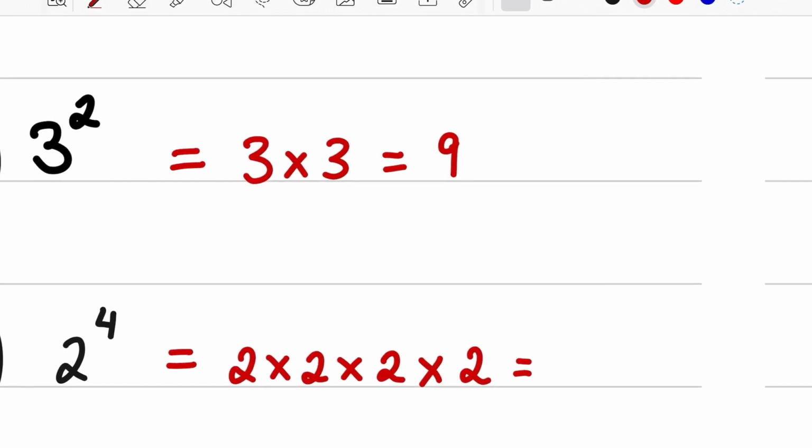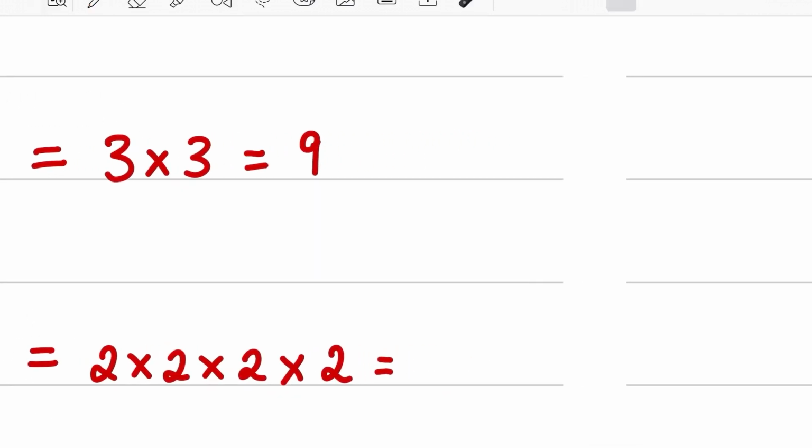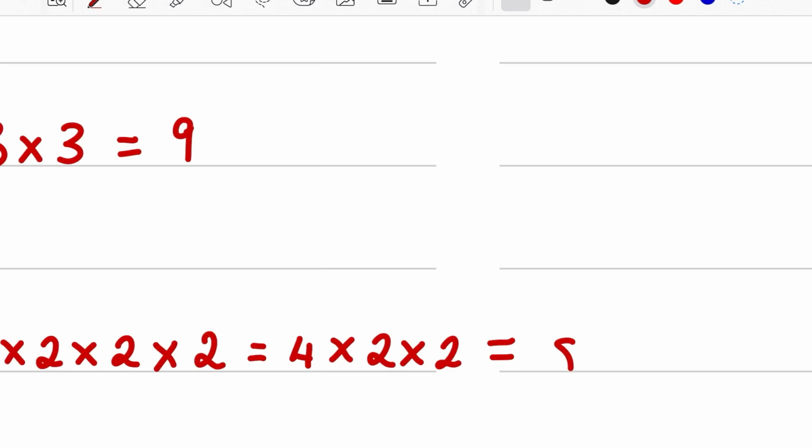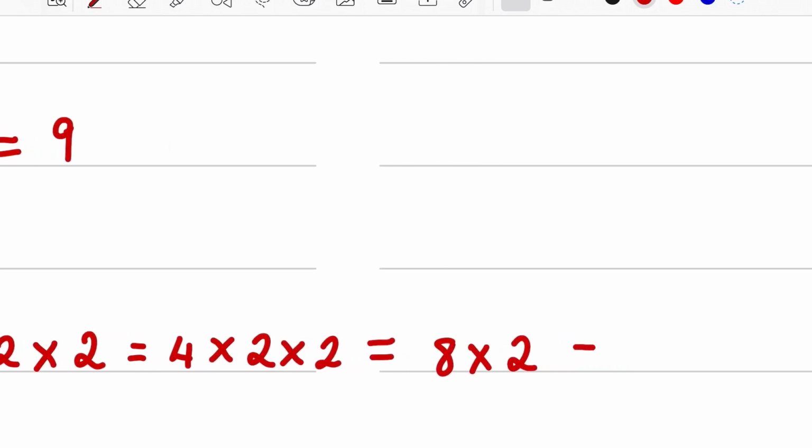And I'm going to write each step out as I multiply from left to right. So 2 multiplied by 2 is 4. Then I have 2 more. 4 multiplied by 2 again is 8. And lastly, 8 multiplied by 2 is 16.